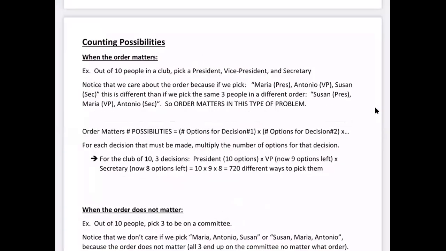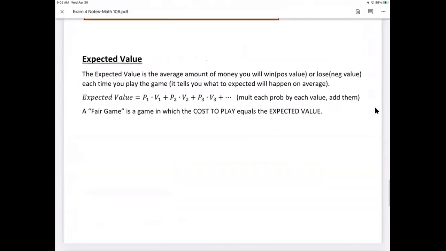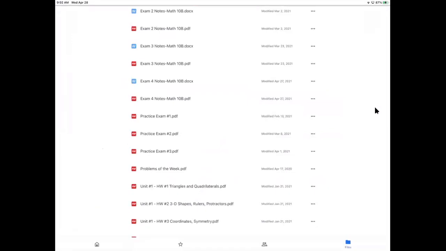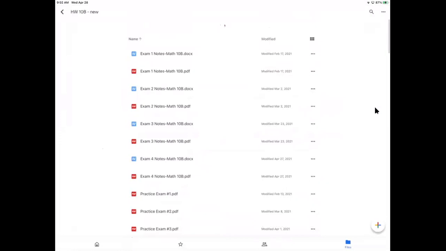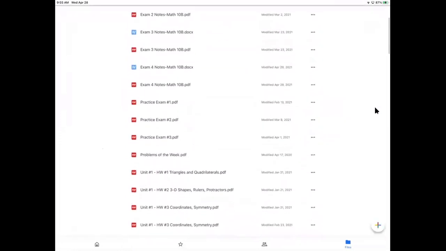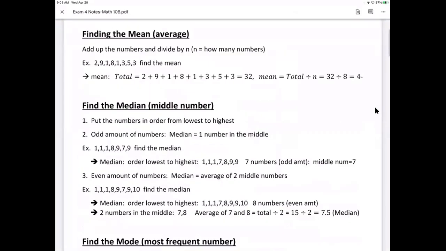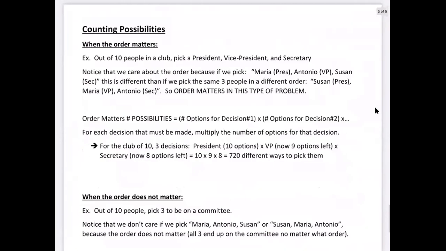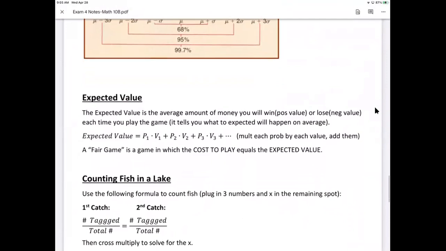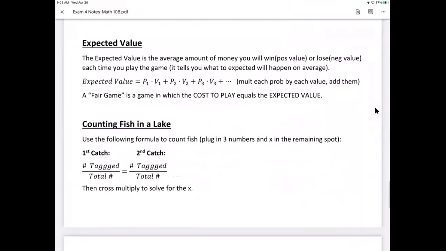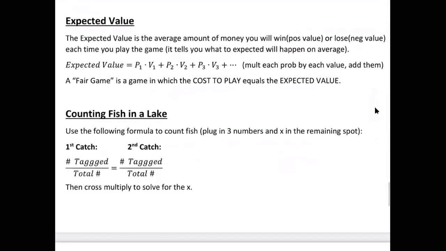So if you go to the notes, for the exam 4 notes, let me get those for you. There we have it. It's right on this page, expected value.